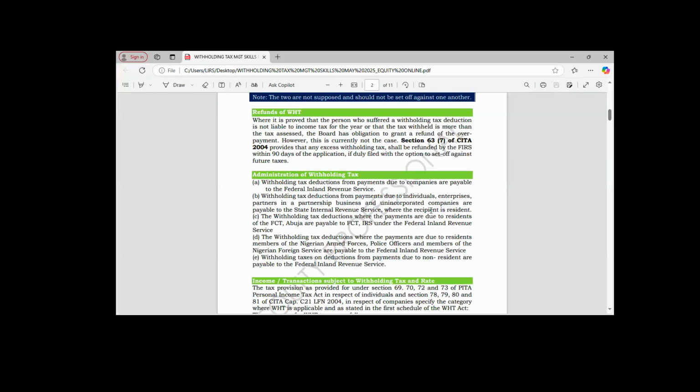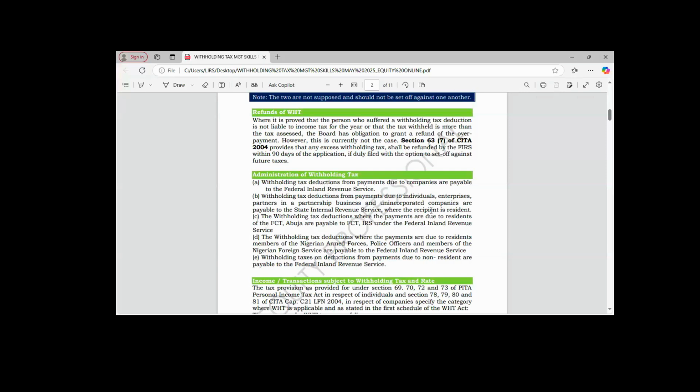Look at that one: State Internal Revenue Service of their residence. Then withholding tax where the payment is due to residents of FCT Abuja, those who reside in the Federal Capital Territory, is payable to FCT IRS, the internal revenue service for the Federal Capital Territory, which is a body under the Federal Inland Revenue Service.